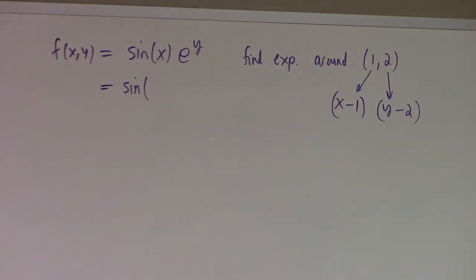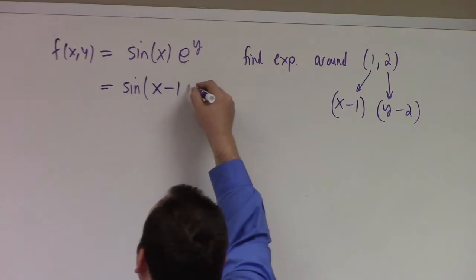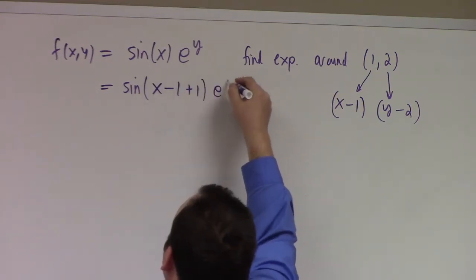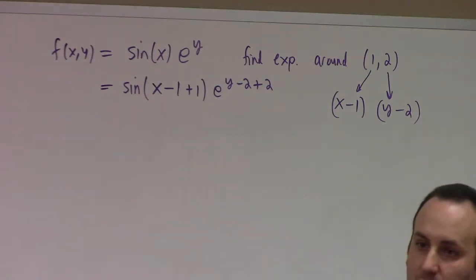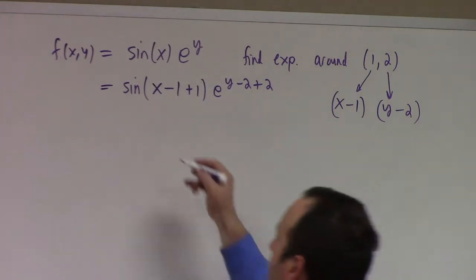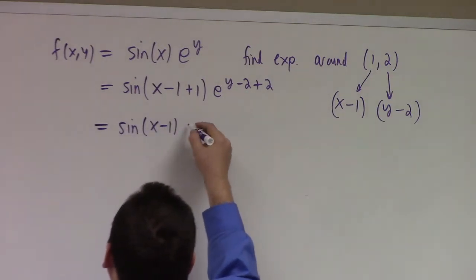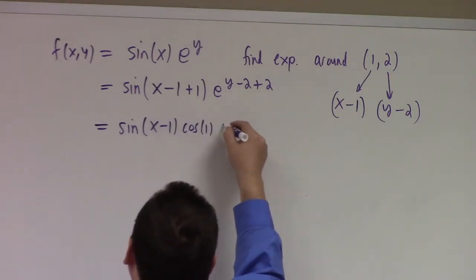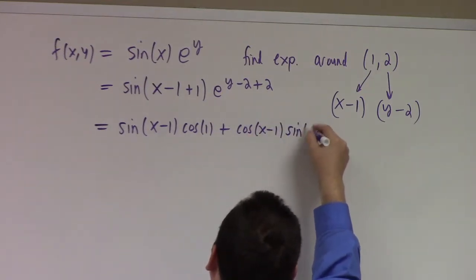How do you make x minus 1 appear from x? Well, you add 0, but you add 0 in the right way. So you do sine of x minus 1 plus 1, times e to the y minus 2 plus 2. Then I have sine of x minus 1 cosine of 1 plus cosine of x minus 1 sine of 1.